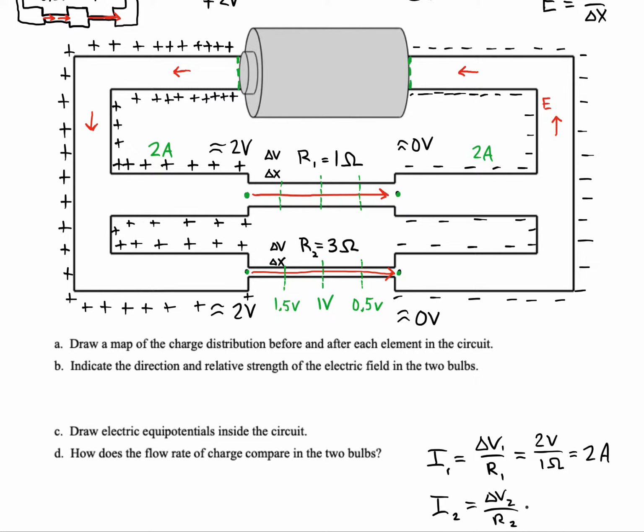Now let's do it for the thin bulb. 2/3 of an amp. Okay. And let's write that in as well.